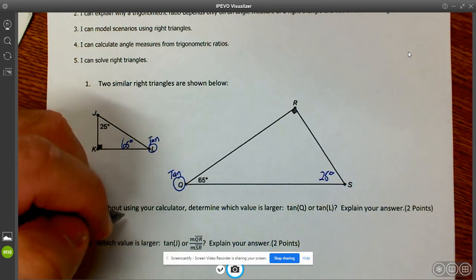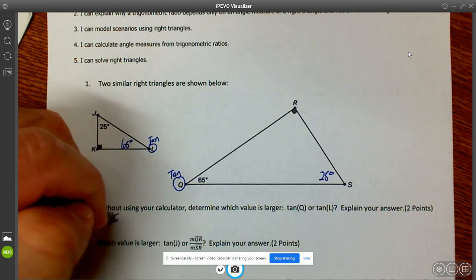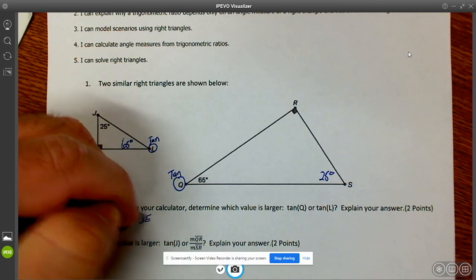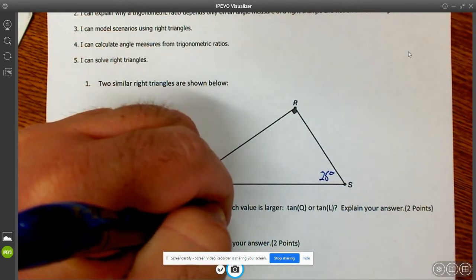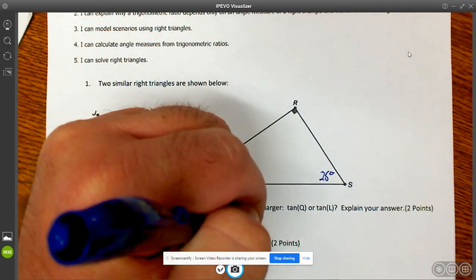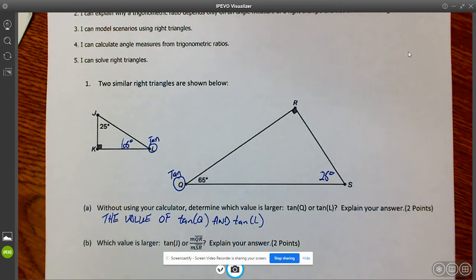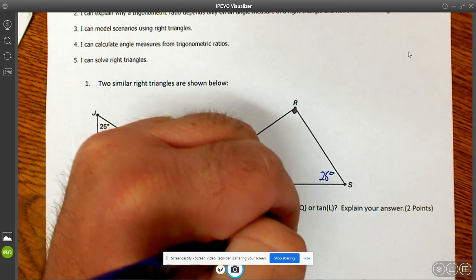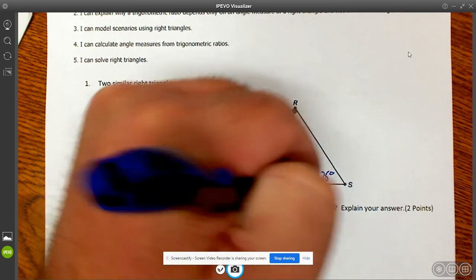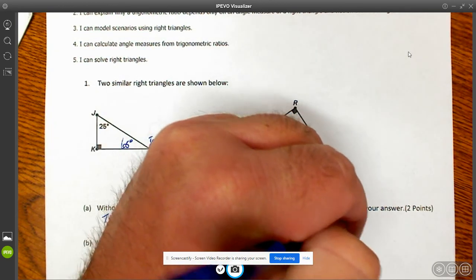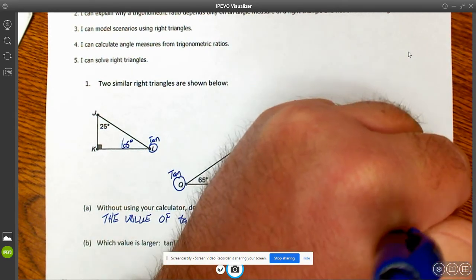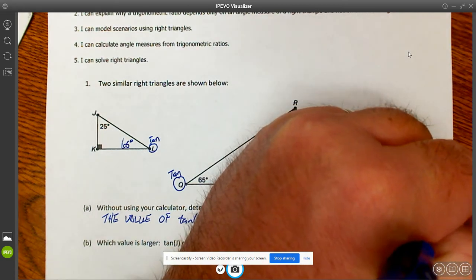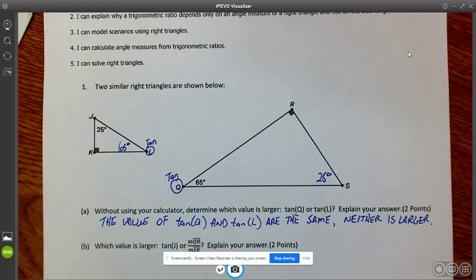So the value of tan Q and tan L are the same. Neither is larger. They're both the same.